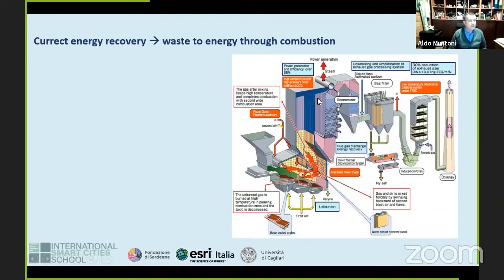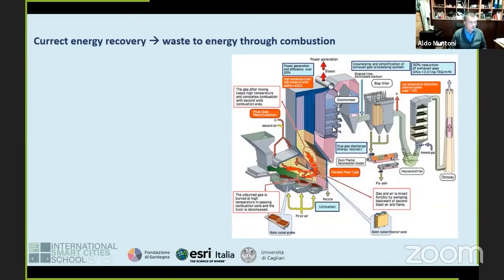I have to say that we call this plant waste to energy plants, but I must agree with the green movements which say that these plants indeed are not able to recover a lot of energy, because due to technical problems it's not possible to recover more than 20-25% of the energy content of the waste.